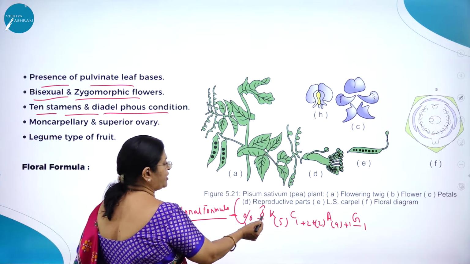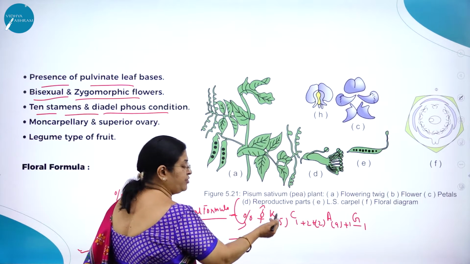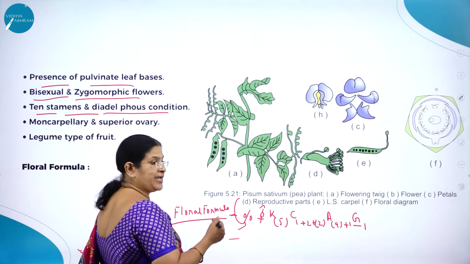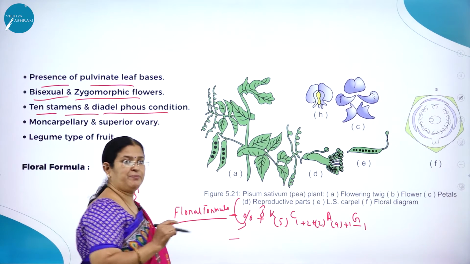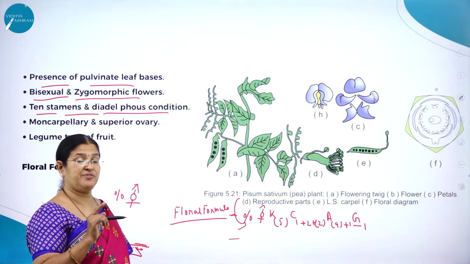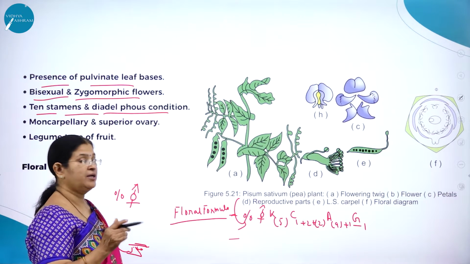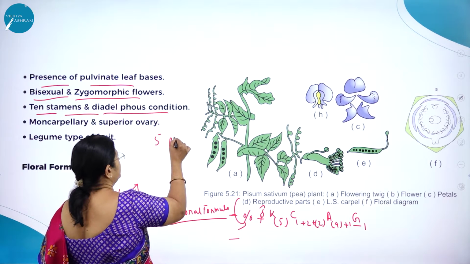So zygomorphic, bisexual, calyx. Sepals are how many? 5, but fused. I have put a bracket, that means gamosepalous. And hope you remember I explained about the papilionaceous corolla, vexillary estivation. What do you mean by papilionaceous corolla? There are 5 petals.